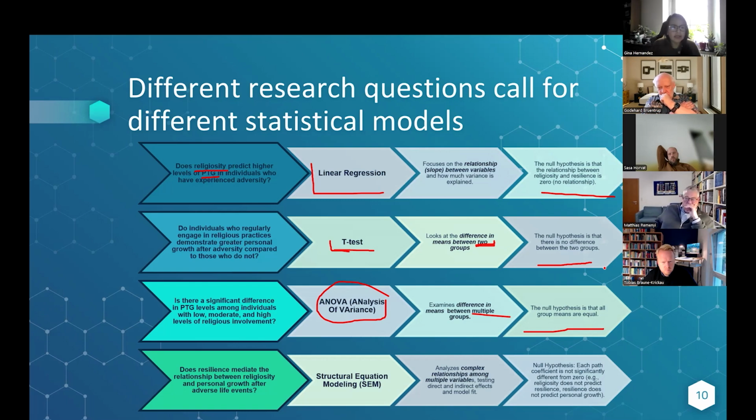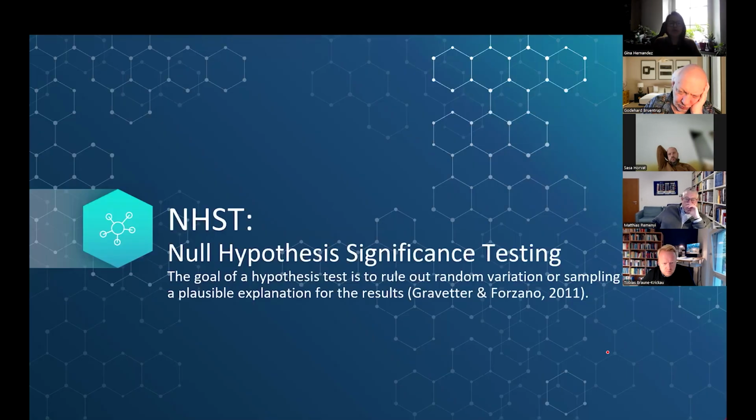If you are using ANOVA, which is more than 2 groups, then the null hypothesis is that the group means are equal. So you don't have any difference in any of the groups. So you are testing all the time the null hypothesis, okay? So now we are going into the importance of the null hypothesis, how we test it, and what does it mean. But before going there, let me check what time is it.